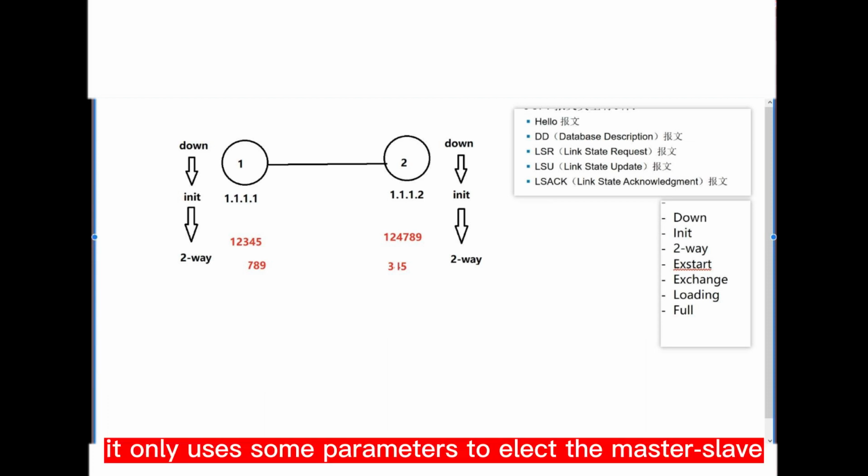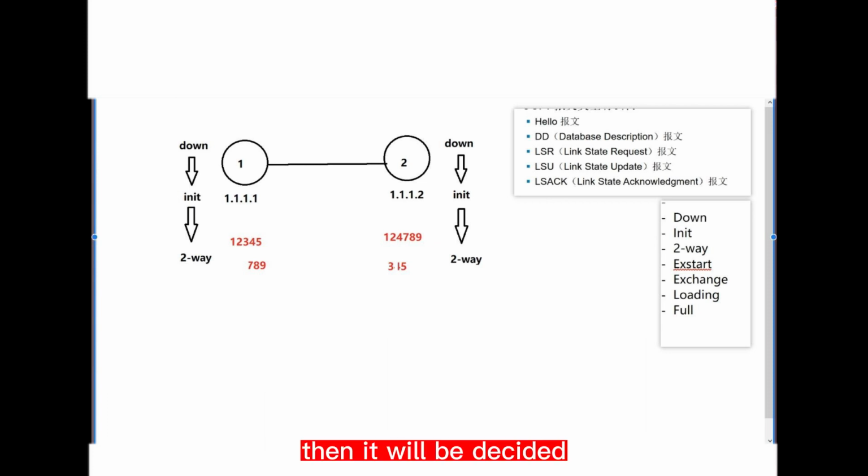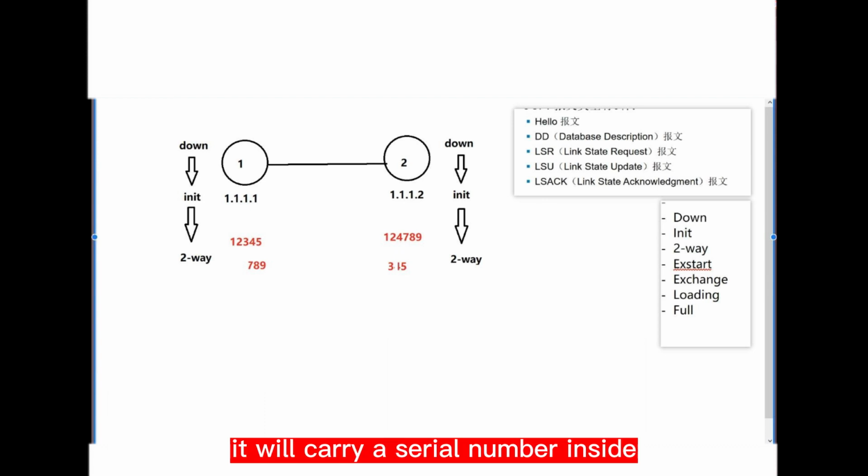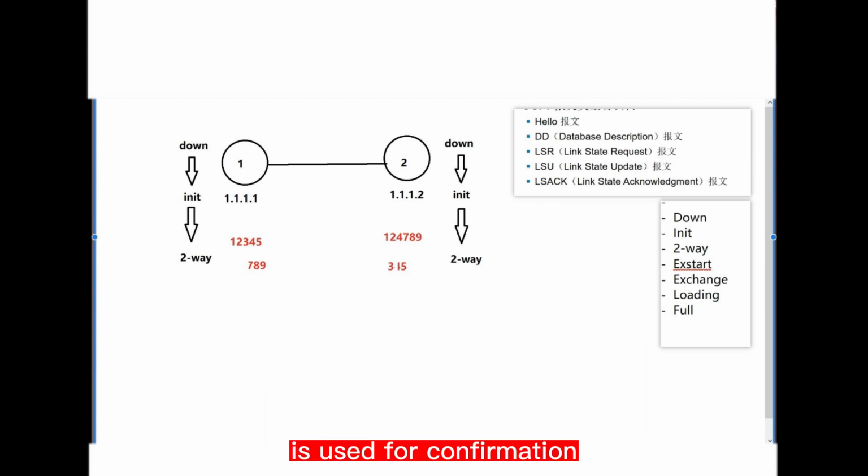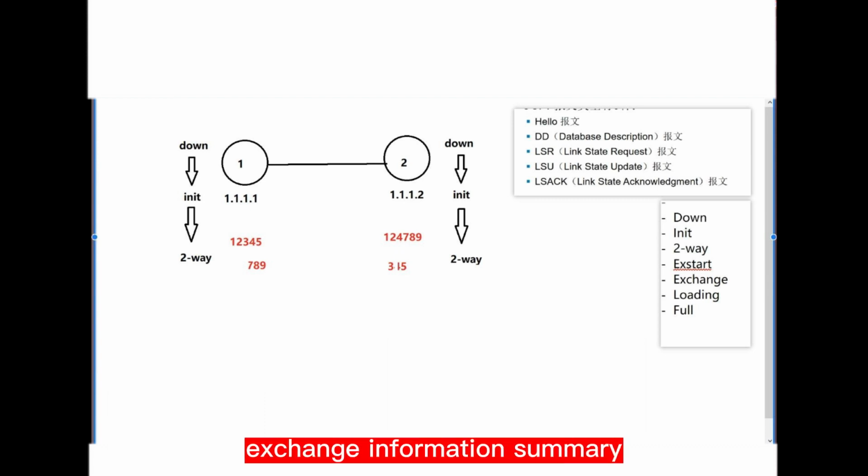It only uses some parameters to elect the master-slave. Then it will be decided who will start sending the summary first. It will carry a serial number inside, used for confirmation. But the question of reliability is too far away for us now. In the process, we use the DD message to exchange the information summary.